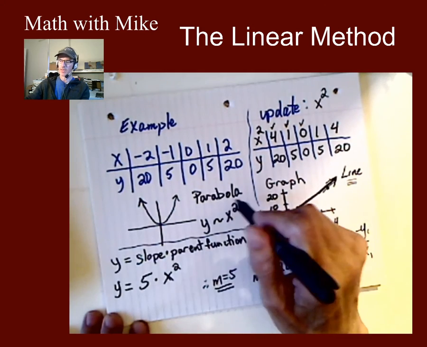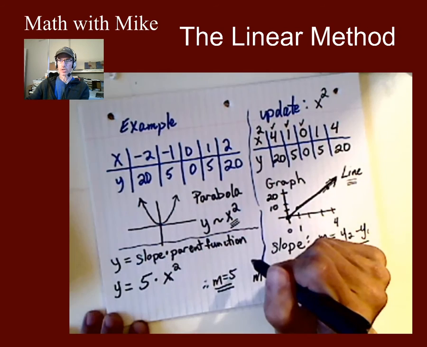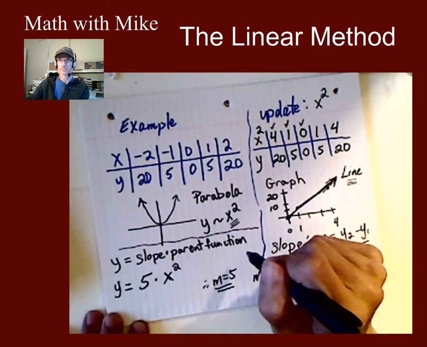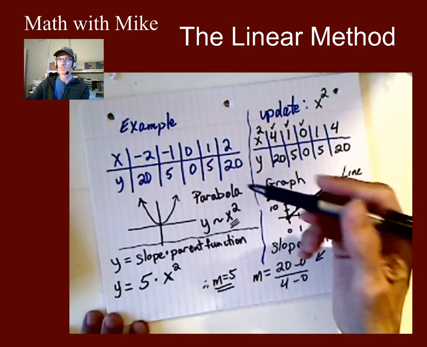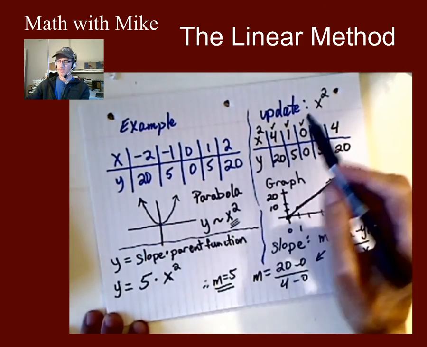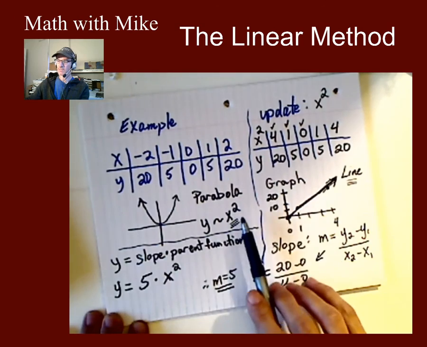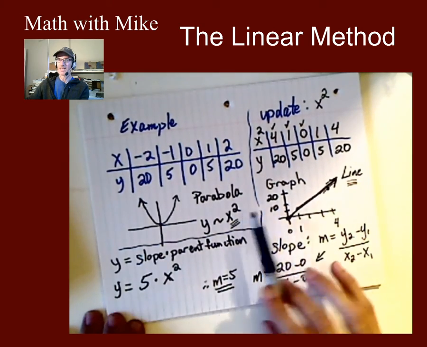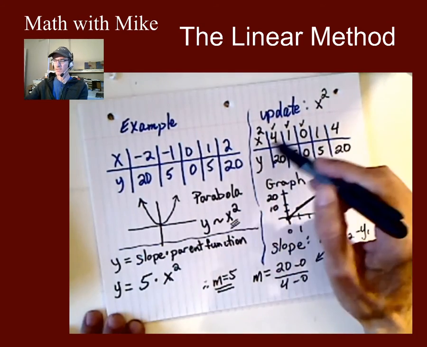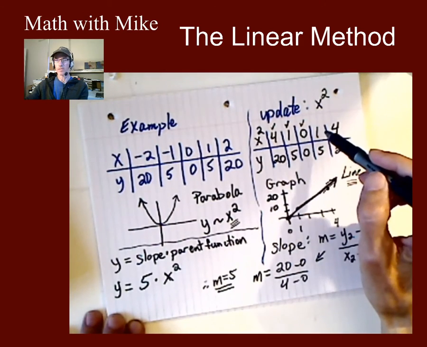You identify the graph and the parent function that goes along with it. To see if you're correct, to make sure, you update the x values that we had in the beginning with that parent function and create a new set of data points, a new table.